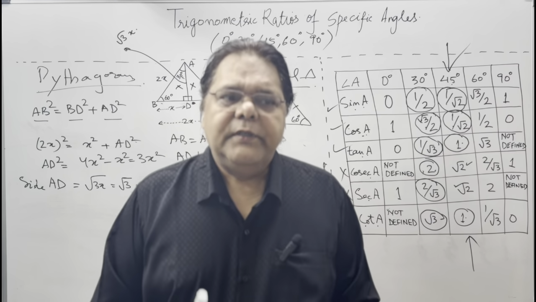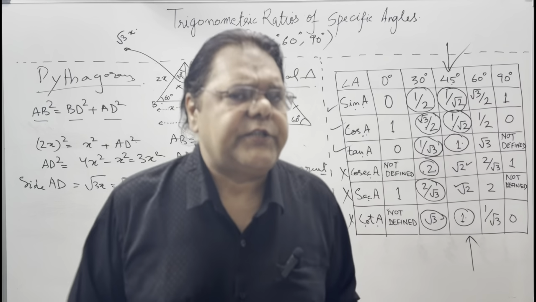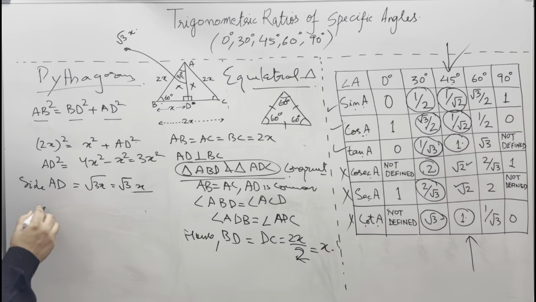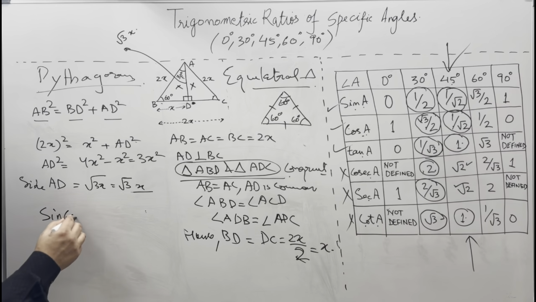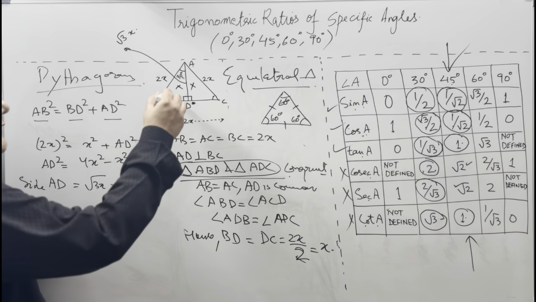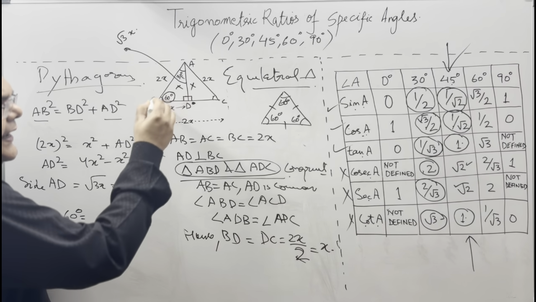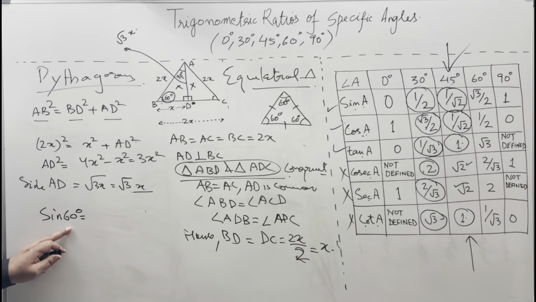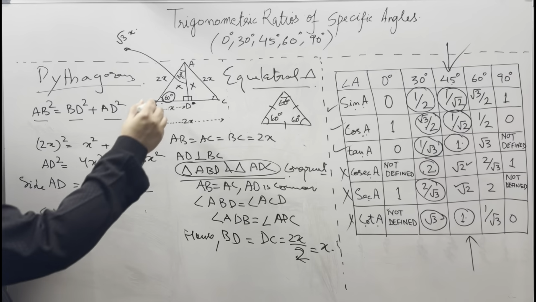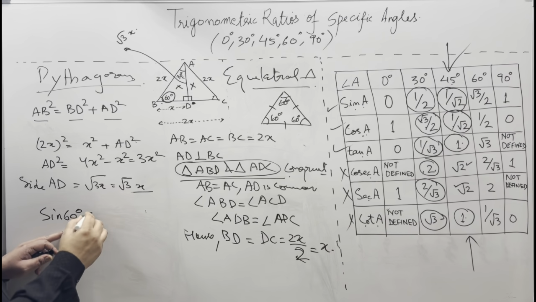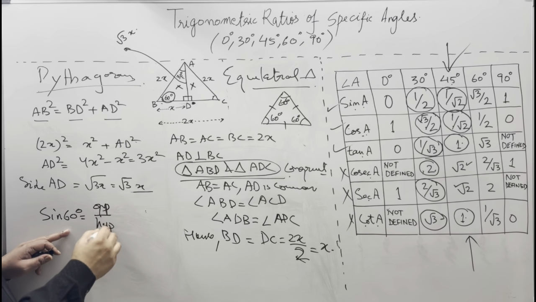Now we'll check trigonometric ratios for angle 60 degrees. Sine 60 degrees. In this case, we will take the reference of angle ABC. This is 60 degrees. So sine 60 is opposite by hypotenuse.